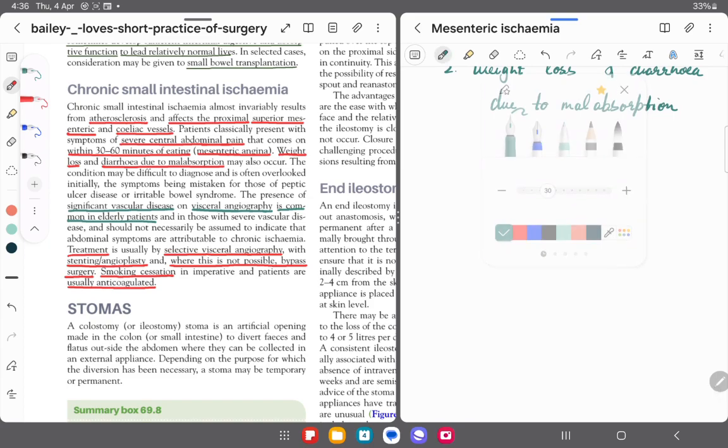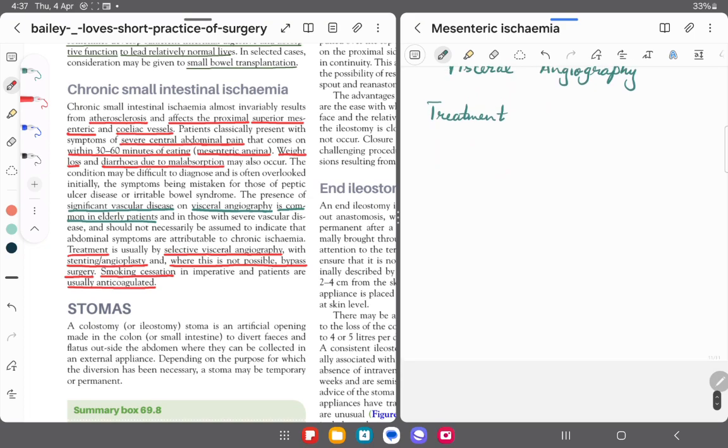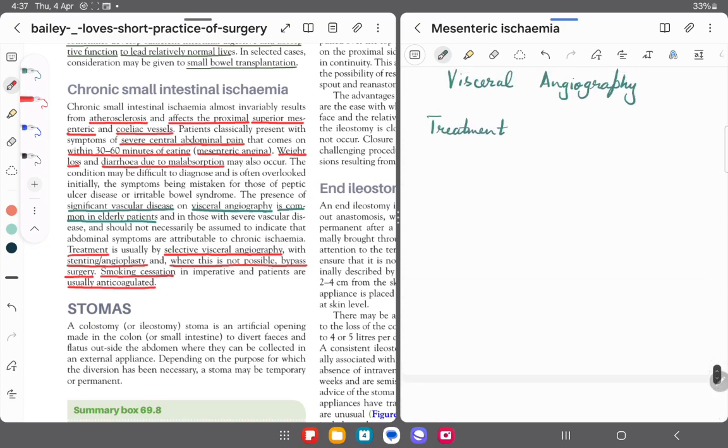For diagnosis, imaging, we have visceral angiography. And then for treatment, what we do is selective visceral angiography followed by stenting angioplasty.